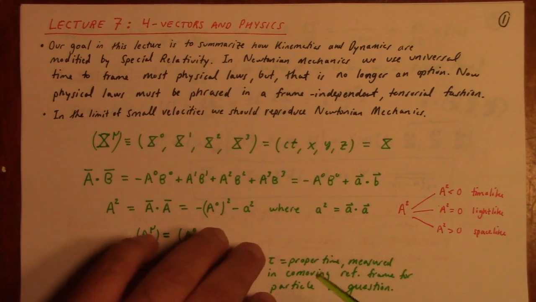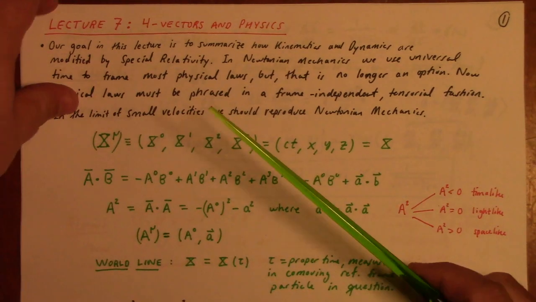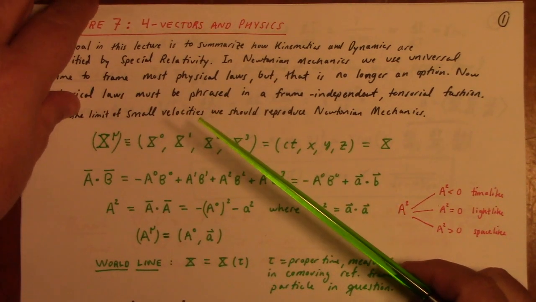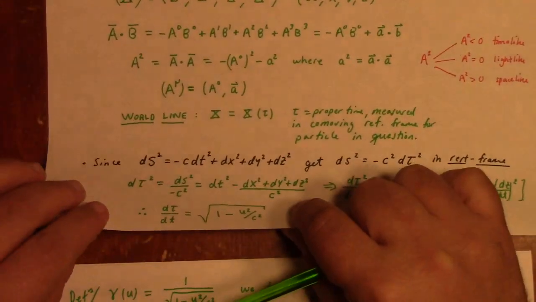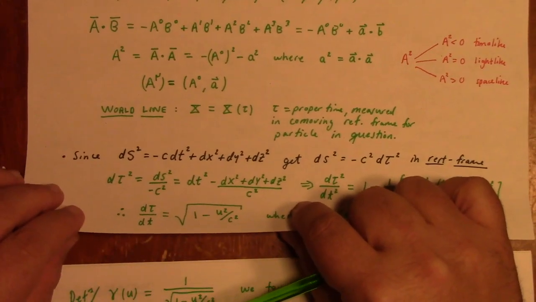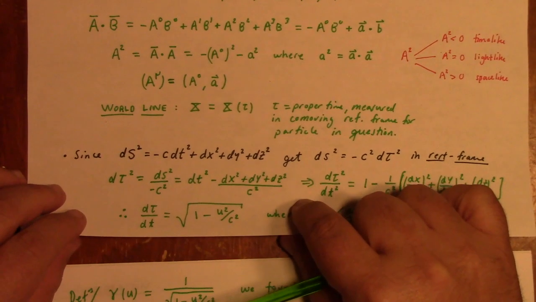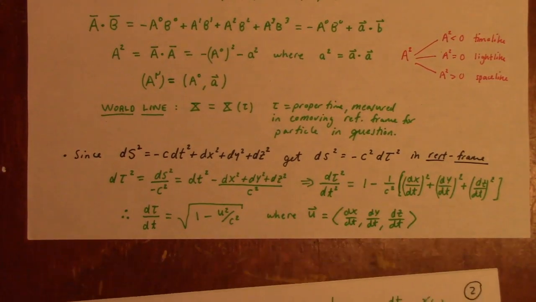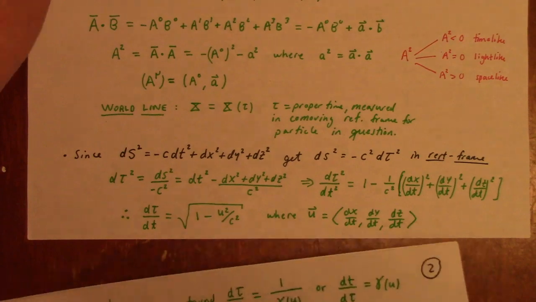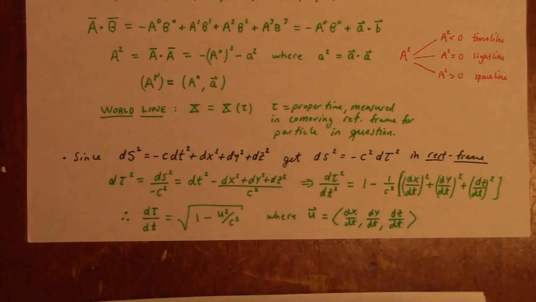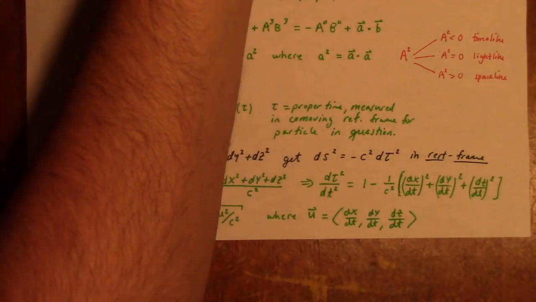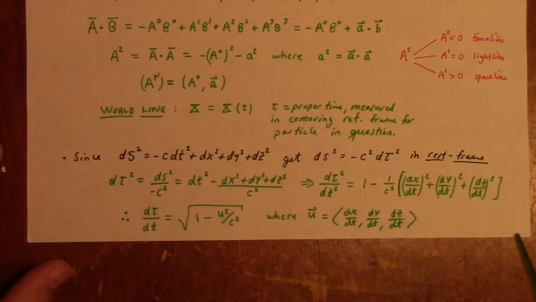You can parameterize the path of a particle with mass using its so-called proper time. The proper time is the time which is ticking on a clock on the particle, which moves with it.